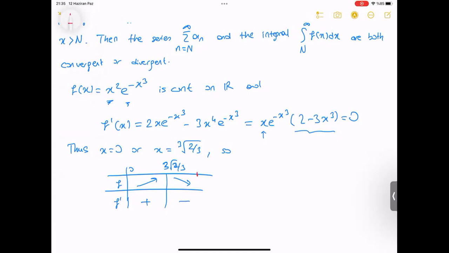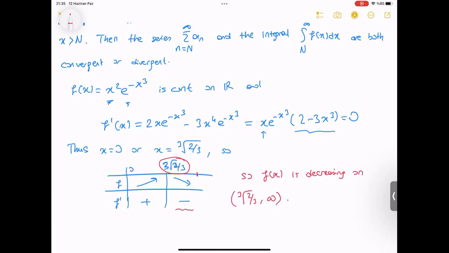We determine that after this critical point, the function is decreasing, so on this interval it's decreasing.